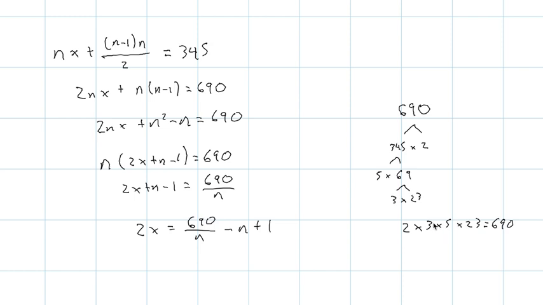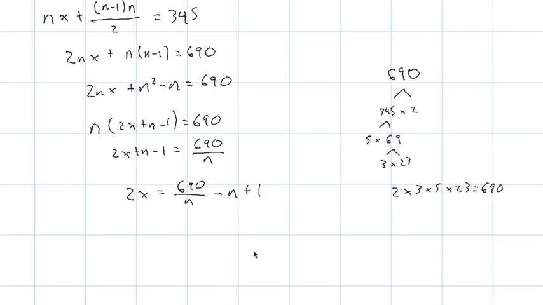And so basically, these numbers here are what n could equal, because n has to be a factor of 690.